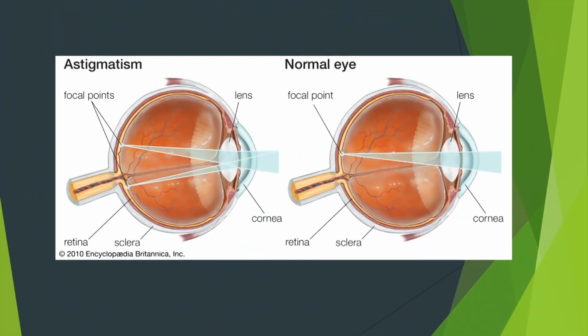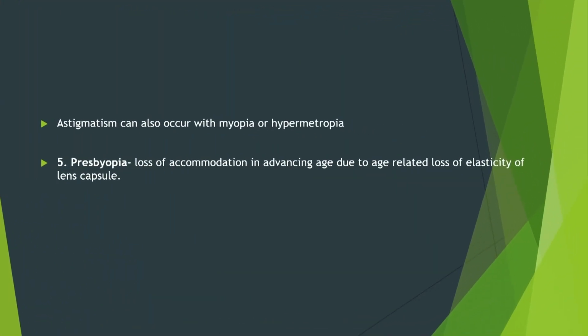Astigmatism can be associated with myopia and hypermetropia, and then you usually get myopic astigmatism or hyperopic astigmatism. Mostly you get a combination. The other type, aphakia, is not related to children unless they have undergone cataract surgery.